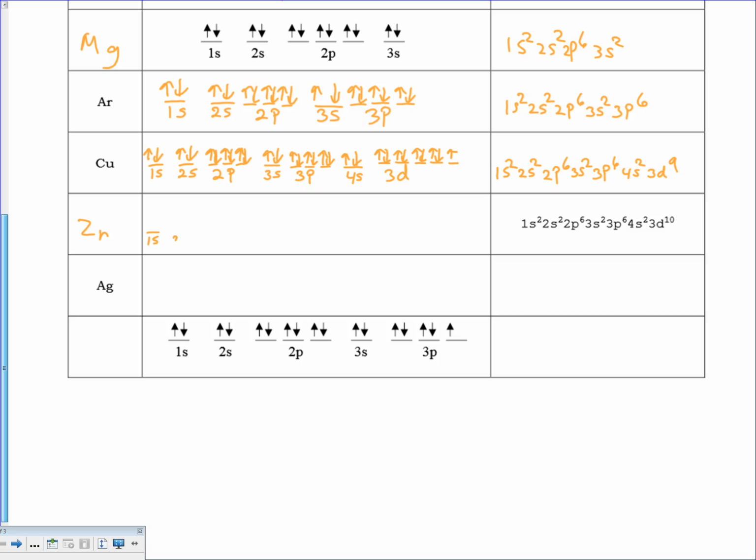So 1s, 2s, 2p, 3s, 3p, 4s, 3d, and then this one is completely filled up.